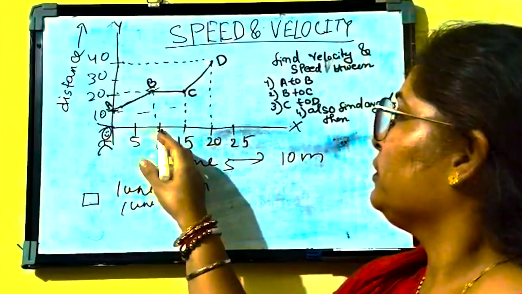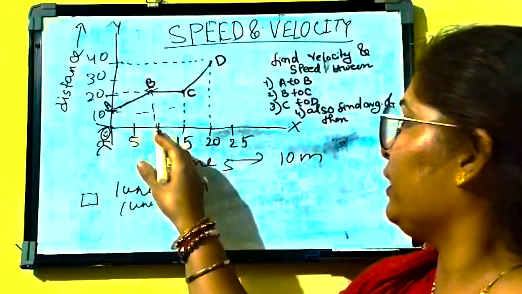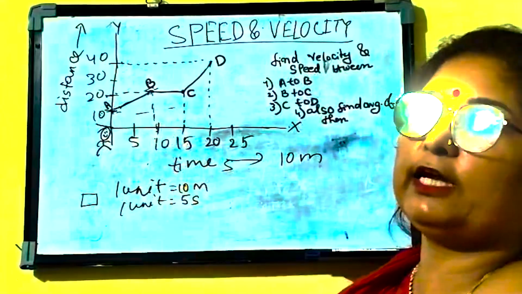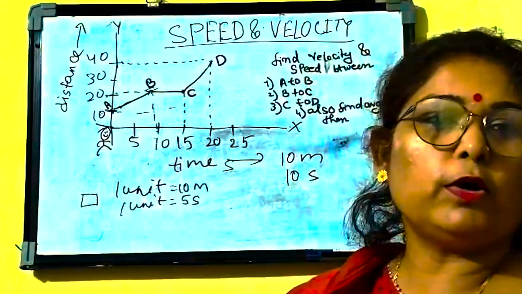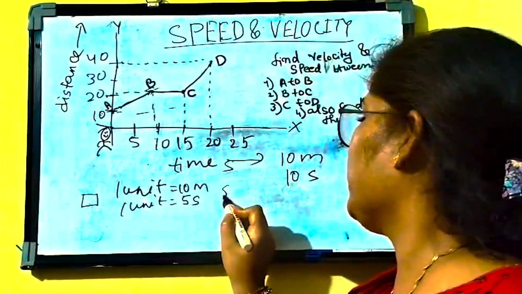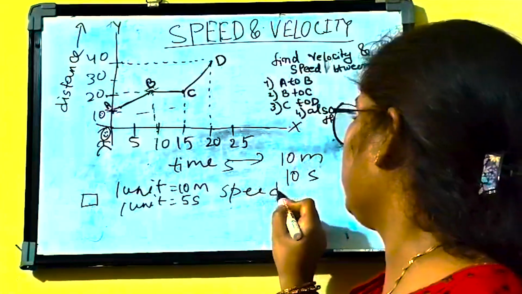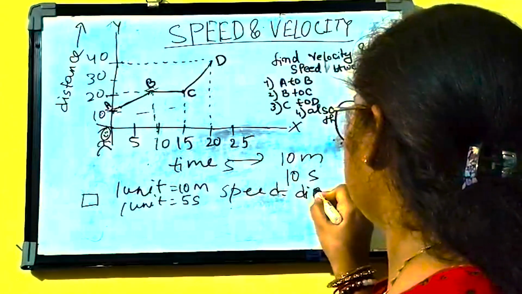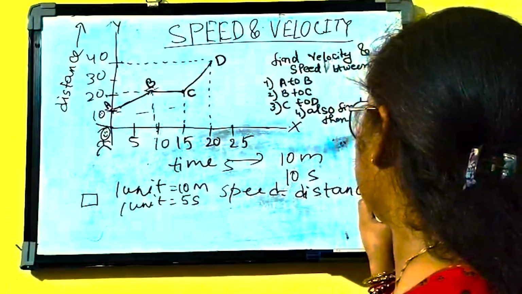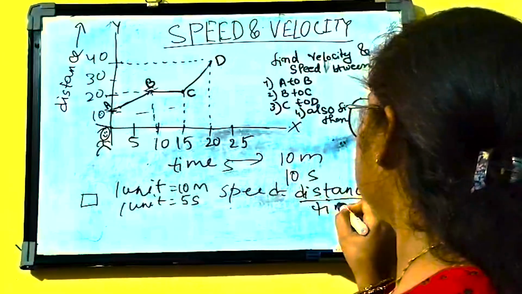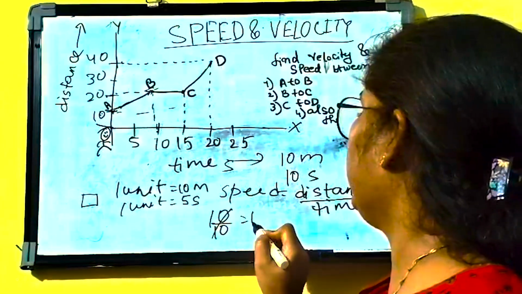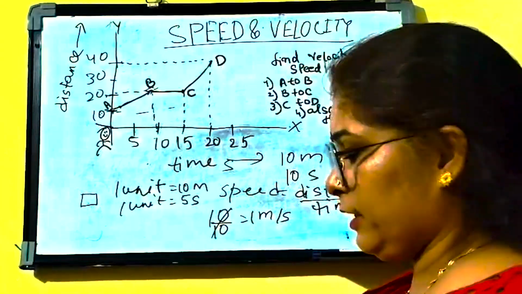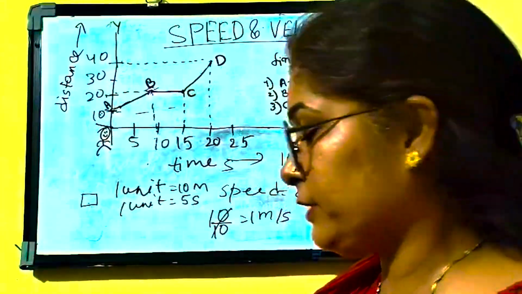The time is on the x-axis. It is 10 seconds. So in 10 seconds, it covered 10 meters. So what is the speed? Speed is equal to distance by time. So it is 10 by 10, that is 1 meter per second.